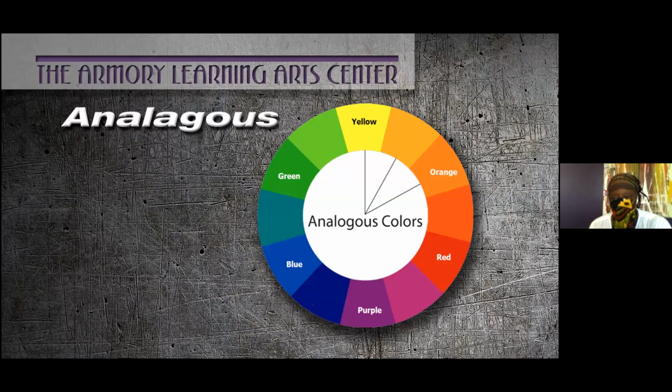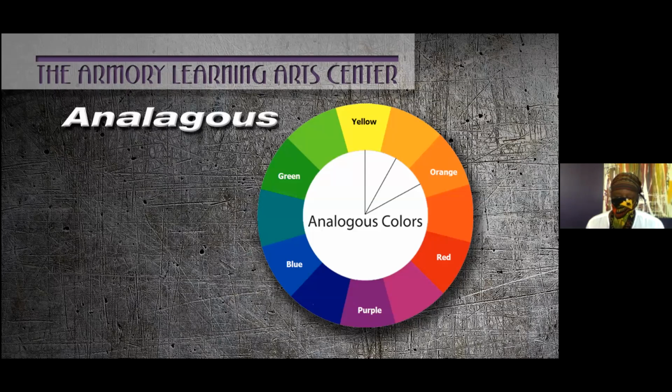But then if you combine a little more yellow with orange, you're going to get yellow-orange, which is a little more of a pumpkin color, so to speak. And so these are analogous colors. You got yellow and pumpkin and orange, and those are called analogous colors.